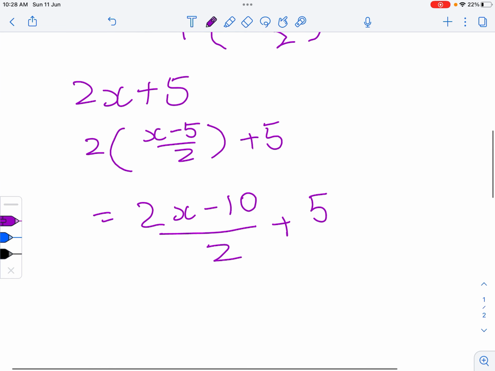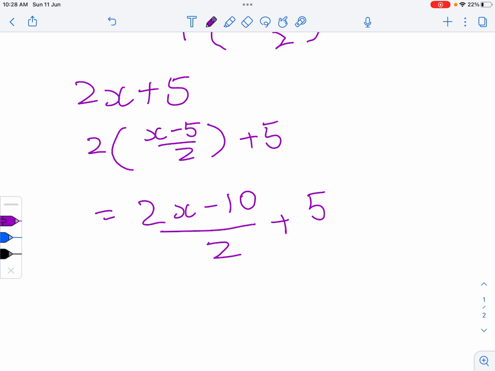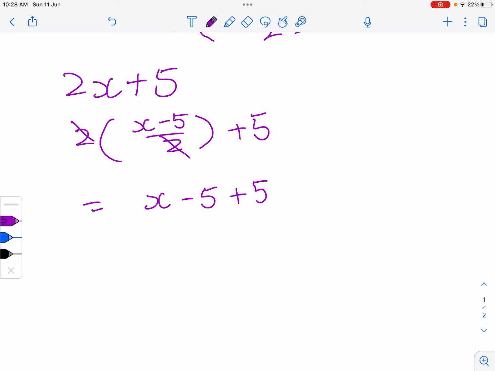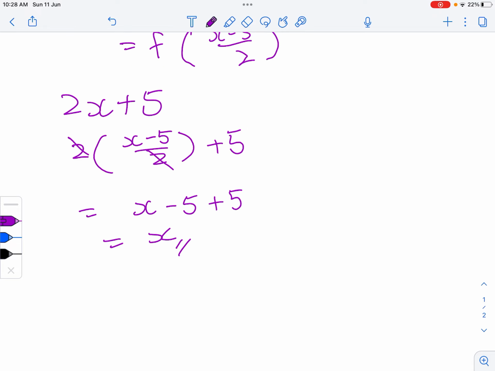Another way you can do it, since expanding is more complicated, is to cross out the 2, because 2 times anything over 2, we can just eliminate them. So we get x minus 5 plus 5, which is just going to be equal to x, because negative 5 plus 5 is 0, so it's just equal to x.